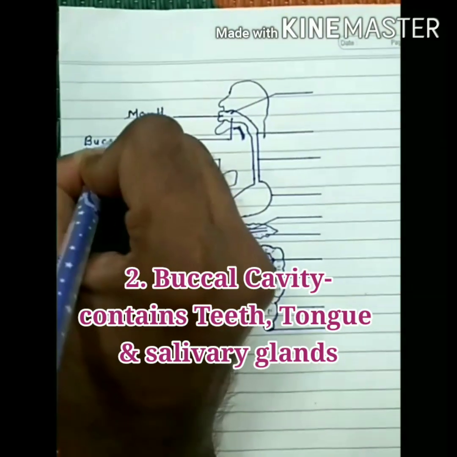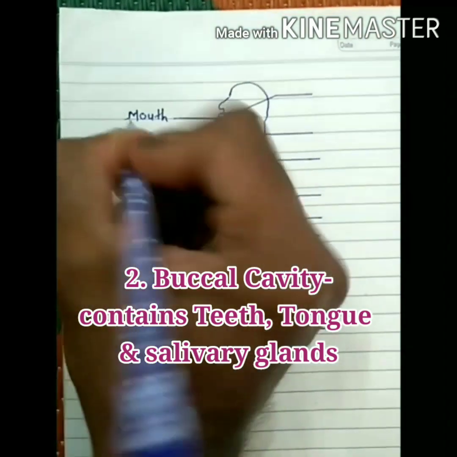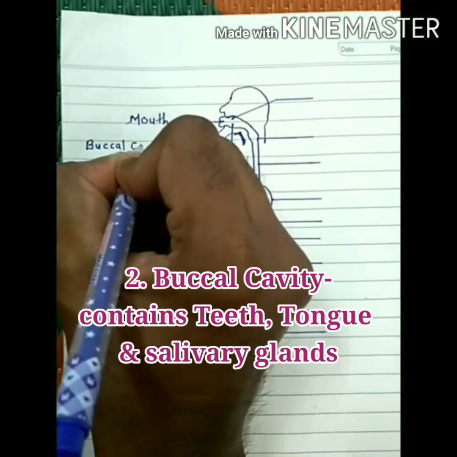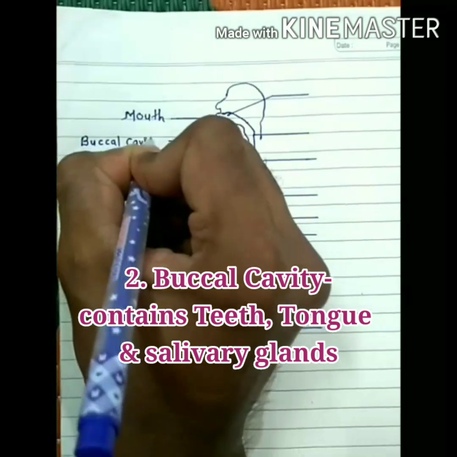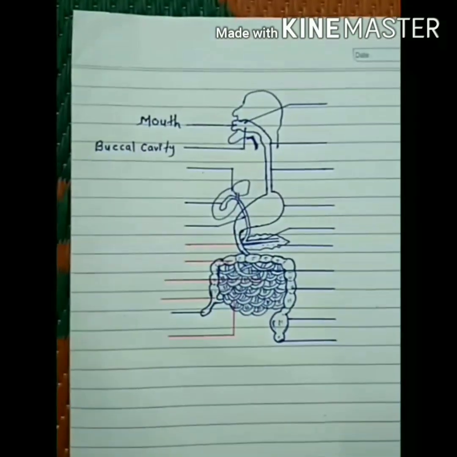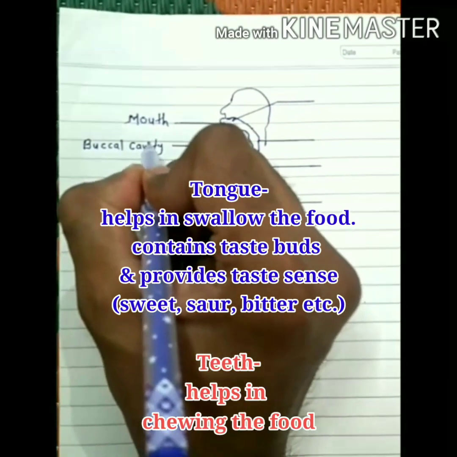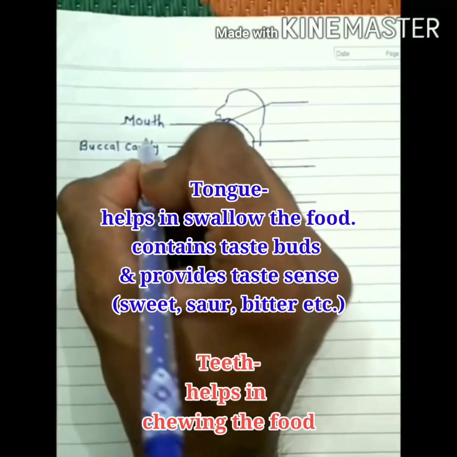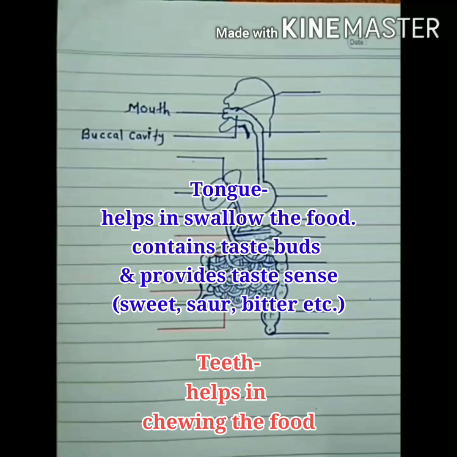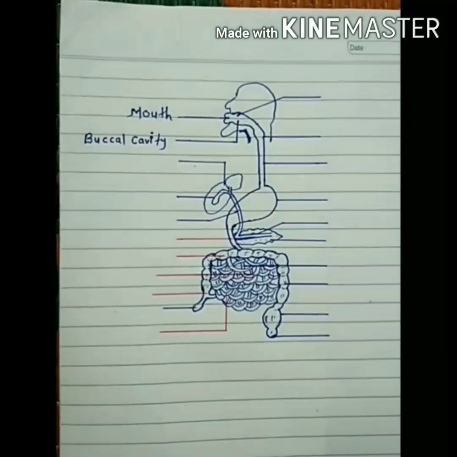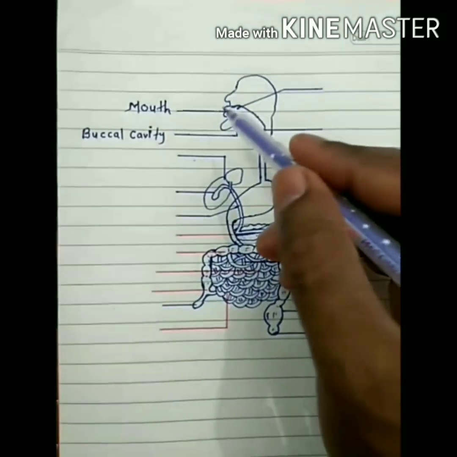Buccal cavity contains teeth, tongue, and salivary glands, which help in the digestion of food. Teeth help in chewing of food. Tongue helps to swallow the food inside the body. So these two parts are the starting part of human digestive system.